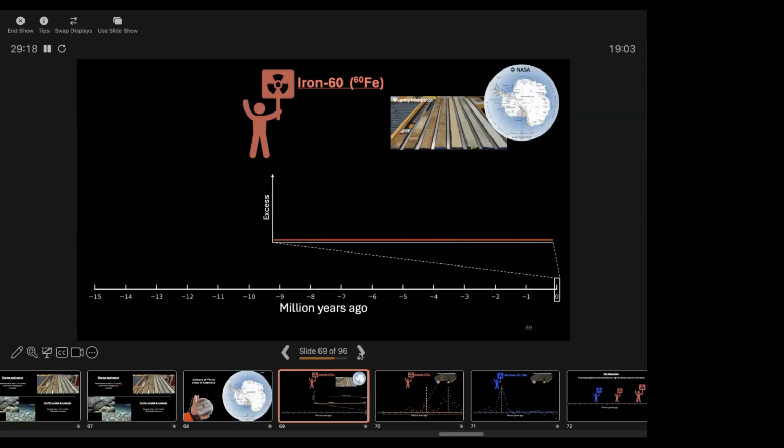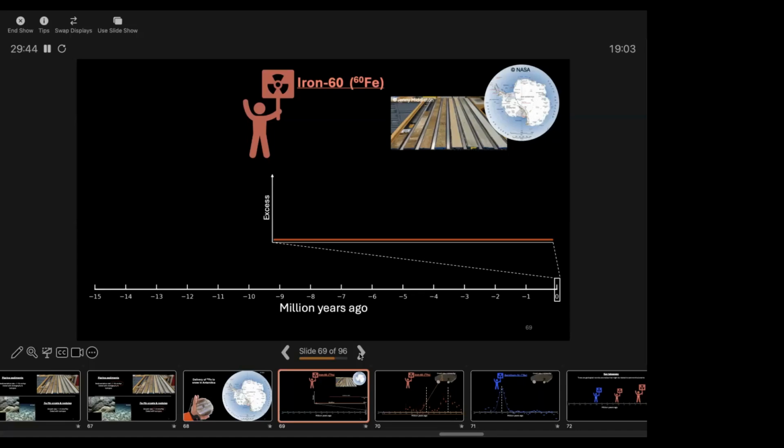As I told you before, iron-60 should not be here, because all the iron-60 that was originally deposited on Earth should be gone because it is a radioactive element, so we should not observe it. If you imagine that on the y-axis you have how much iron-60 there is, I should obtain 0. So I should see a flat line.